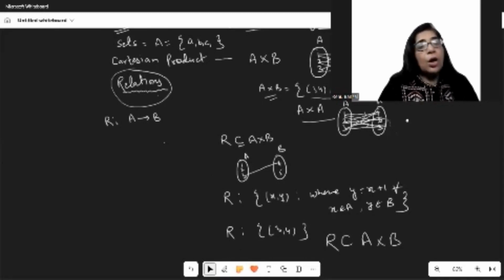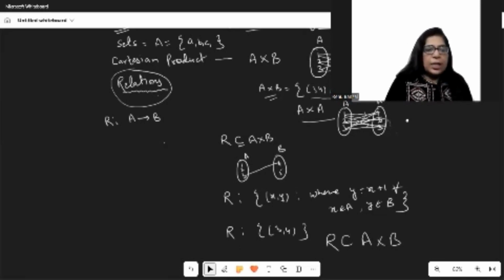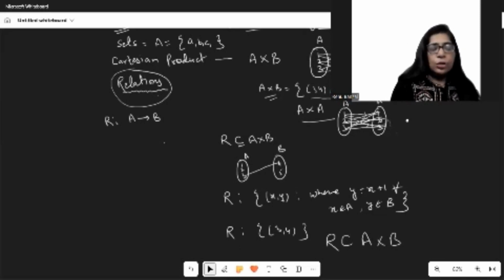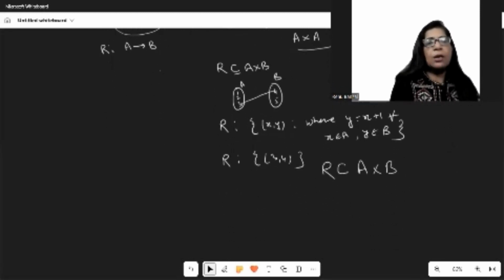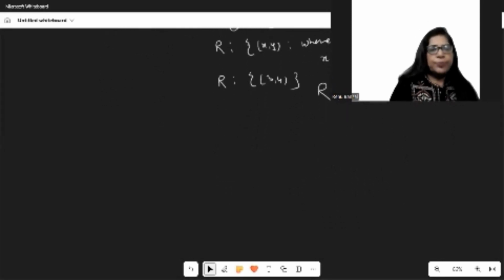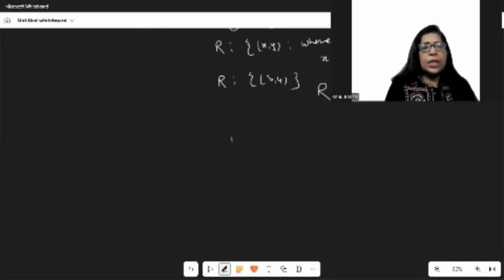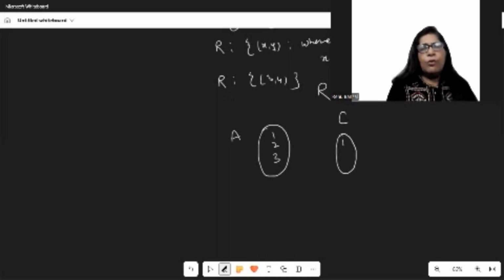In a relation, whatever ordered pair we take, let's take another example so that we can talk about domain, range, and codomain. Now I am taking a set A that is 1, 2, 3, but this time my set C is 4, 9, 10.